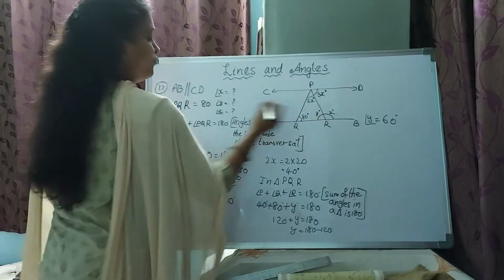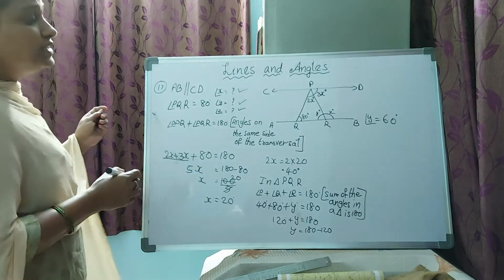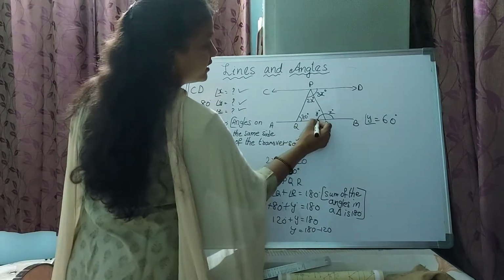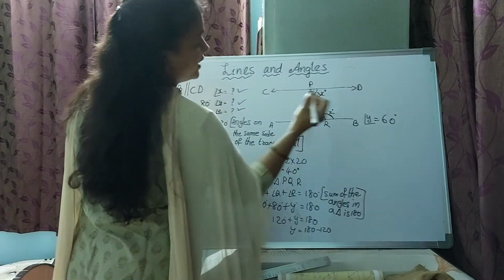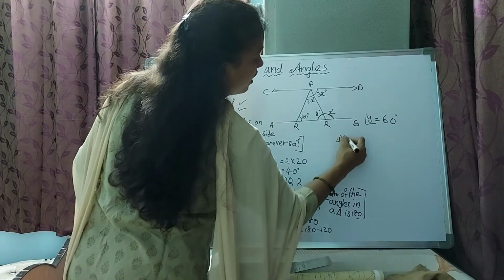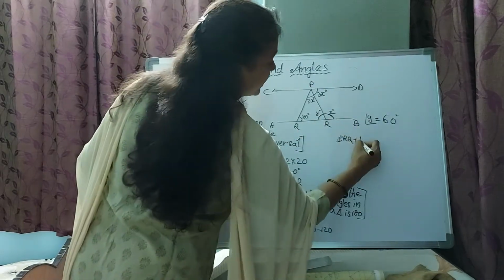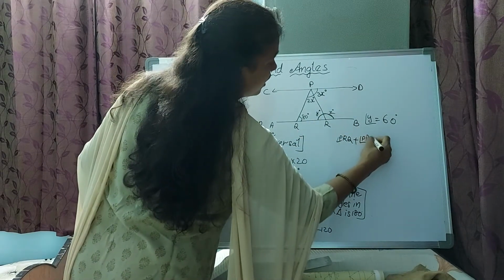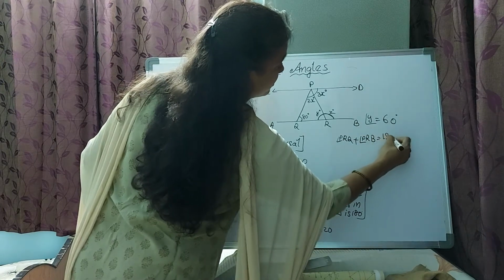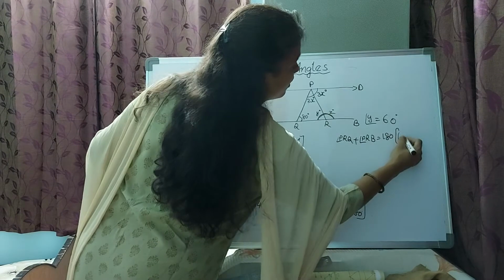We knew y, x is completed. Only z is there. Here, if you observe these two angles, angle PRQ plus angle PRB is equal to 180. These two angles form a linear pair, no?